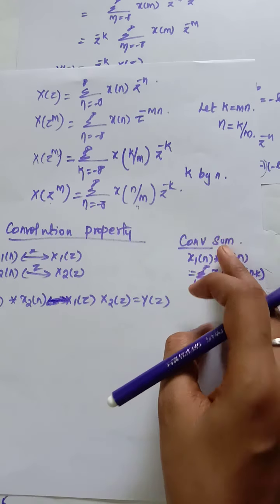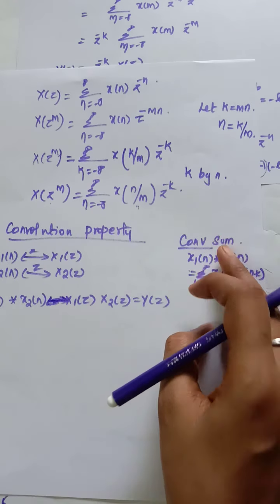Otherwise, we need to multiply by z power minus k into z power plus k. So I am multiplying z power minus k, z power plus k, right? When you combine these you will get 1.